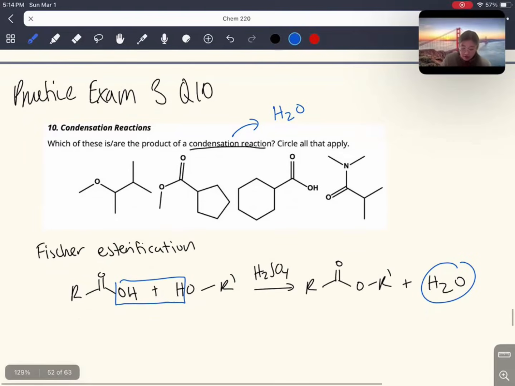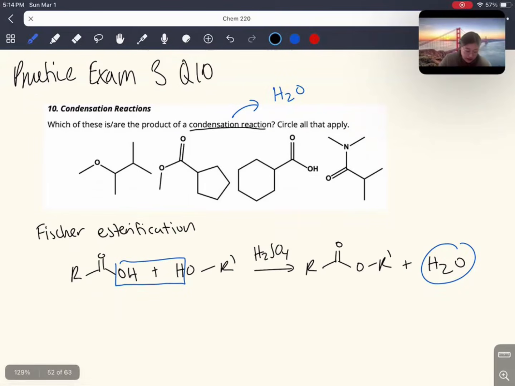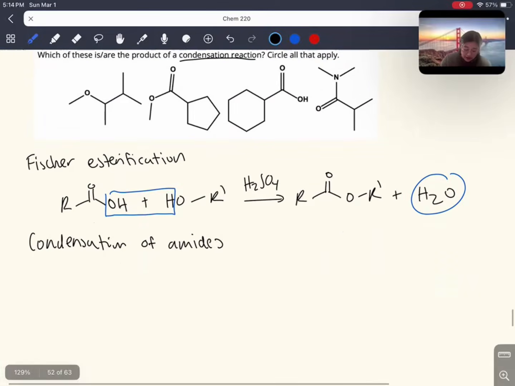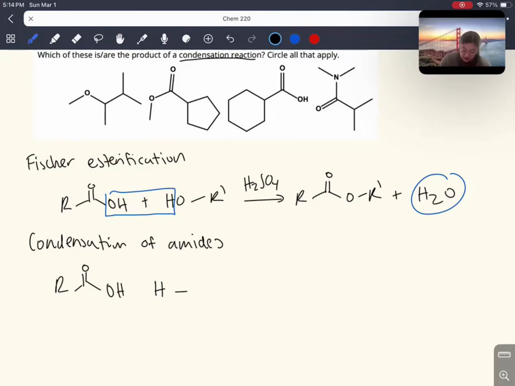And so, what are some other condensation reactions that you might have come across in lecture? Another one is the condensation of amides. This is a reaction that's typically used when you want to synthesize amides, which is a CO group bonded to a nitrogen. The reaction mechanism for this one is you can start with a carboxylic acid, and instead of reacting it with an alcohol, you can react it with an amine, such as NH3.